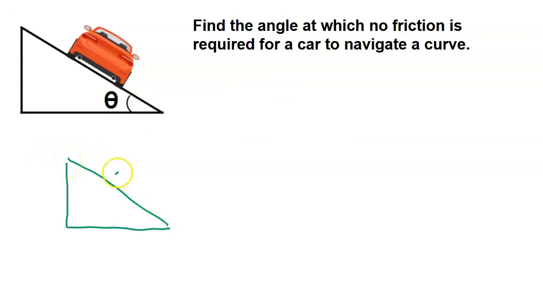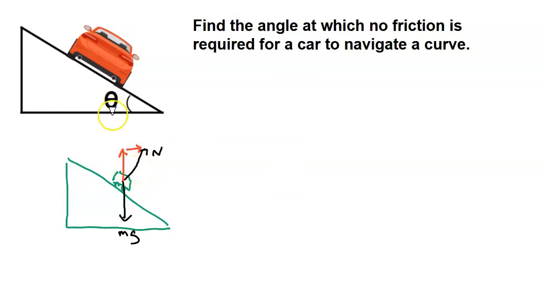Okay. And let's say this is the car right here. First we have mg, so I'll draw that mg right here. And then we also have the normal force. Here's the normal force. Okay, so we're going to break this into components. This is the vertical component, and here's our horizontal component.